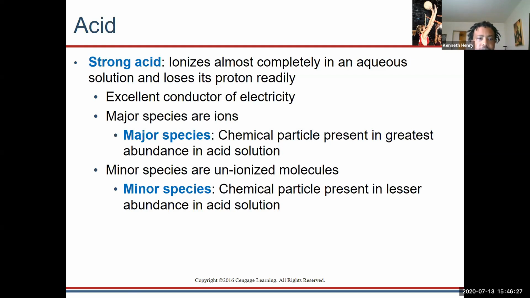The major species is going to be the ion. Major species meaning which is the one that you're going to have the most of. Are you going to have most of the ions? Or are you going to have most of the acid that is unionized? Okay. So minor species is the one that you have the least of. So in the case of strong acid, the thing that you're going to have the least of is your unionized acid. So let me give you an example of a strong acid.